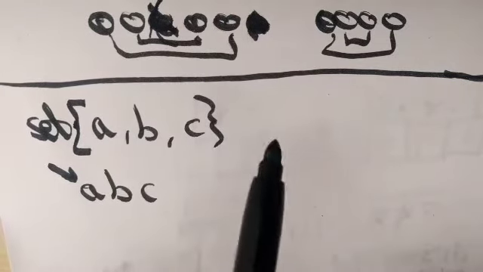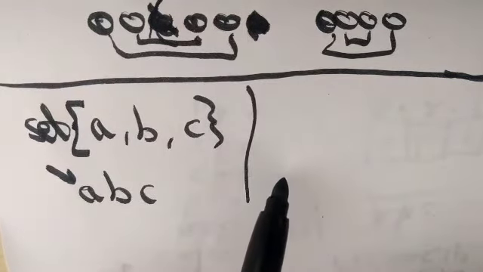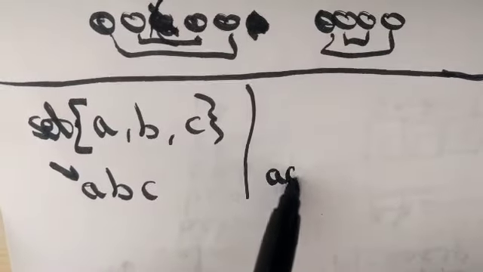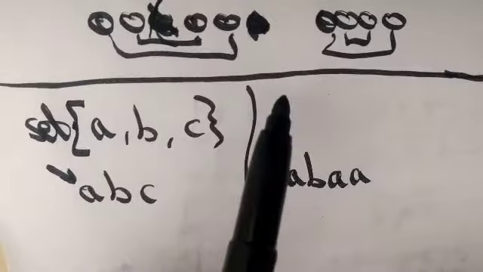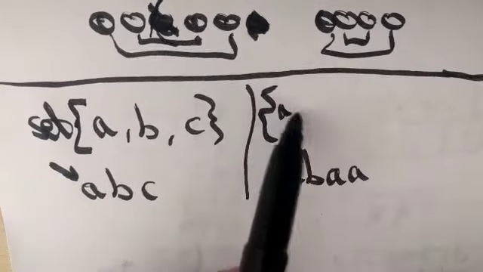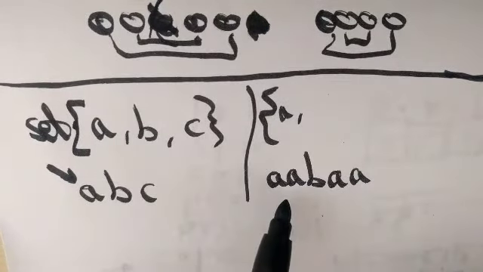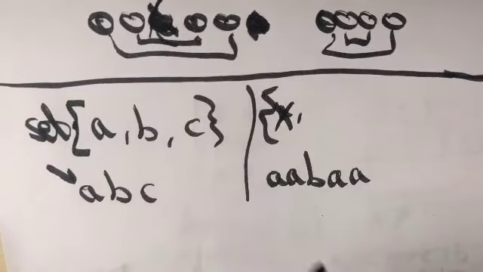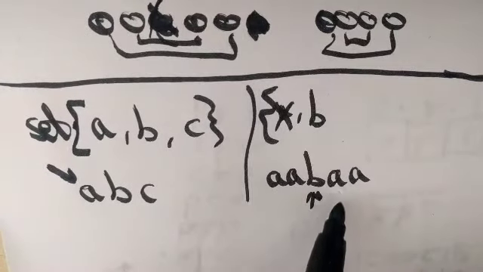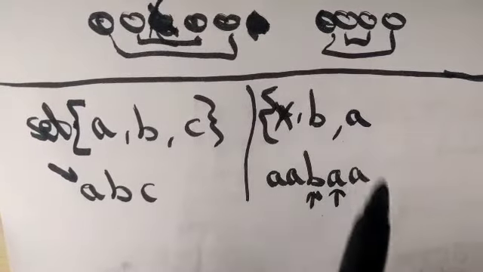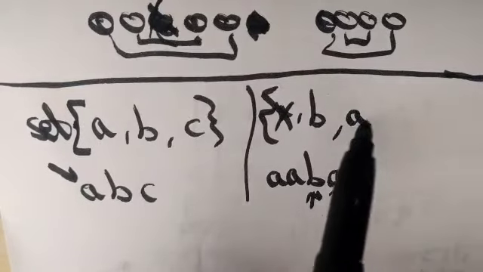Yes. Let's take an example of a palindrome. We get to A, we put it in. We get another time to A, we remove it. We have a pair. We get to B, we put it in. We get to A, we put it in. We get another time to A, so we remove it.